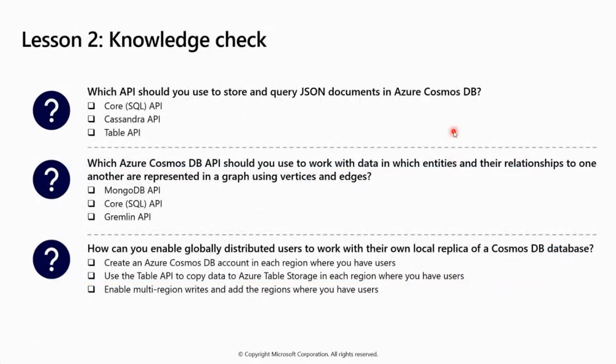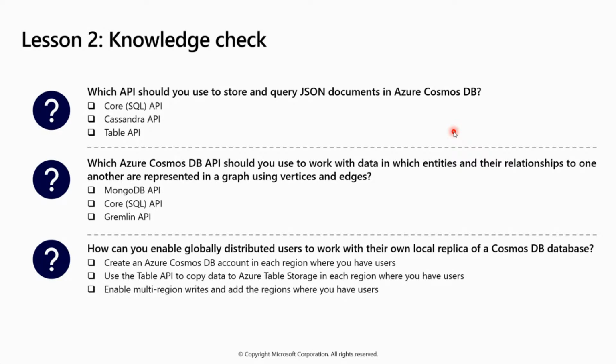Now let us come to a quick check on your understanding. Which API should be used to store and query JSON documents? Which Azure Cosmos DB API should you use to work with data in which entities and their relationships to one another are represented in a graph?